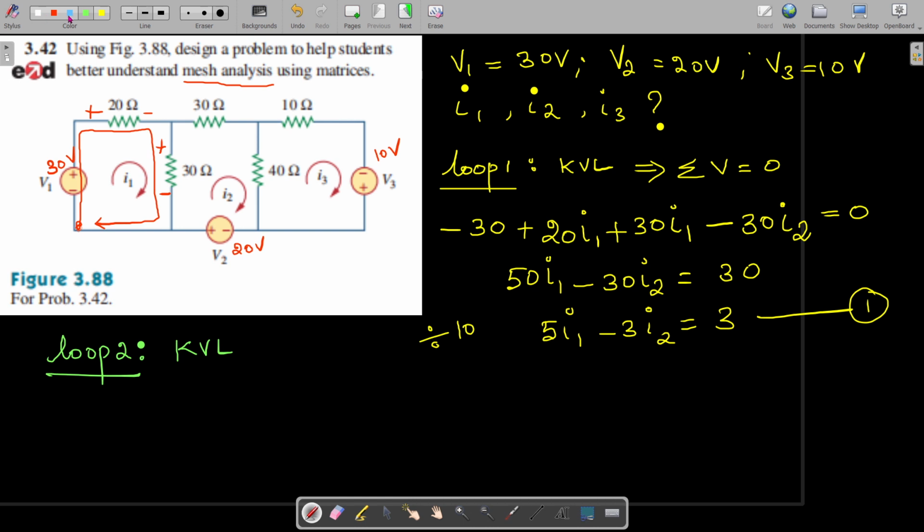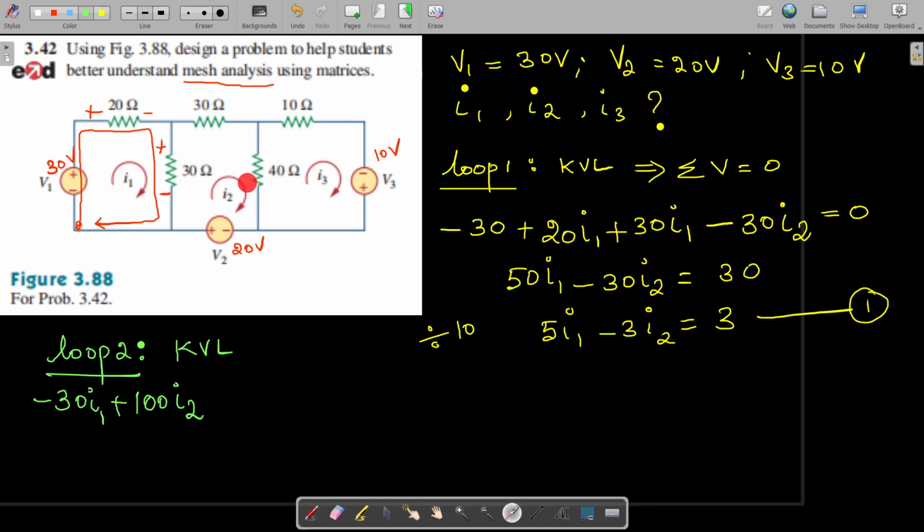So 100 I2, it is plus, isn't it? Then what about this I1? It is flowing through this 30 ohm resistance only, but you have to put a minus sign for this 30. So minus 30 I1.